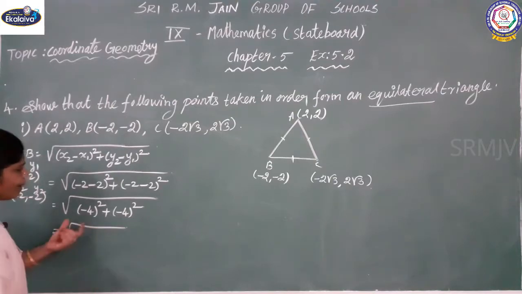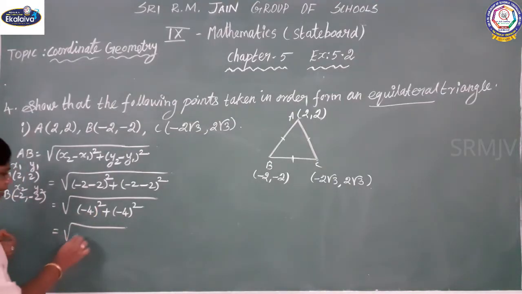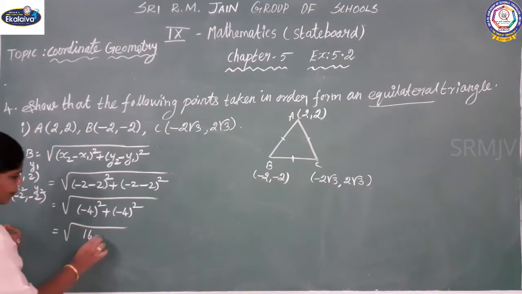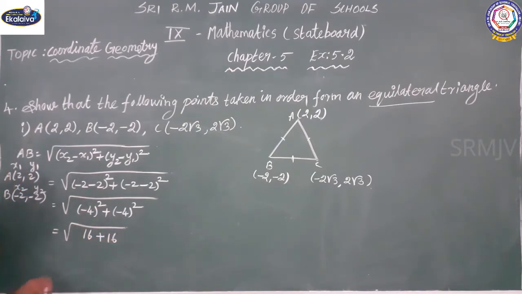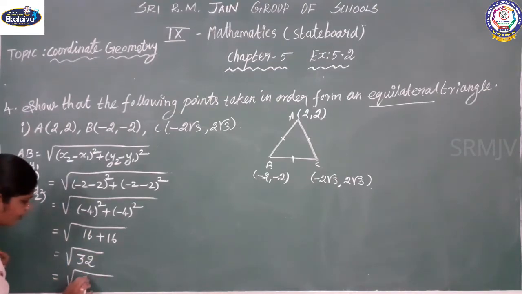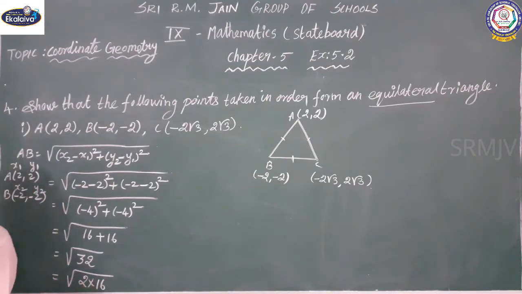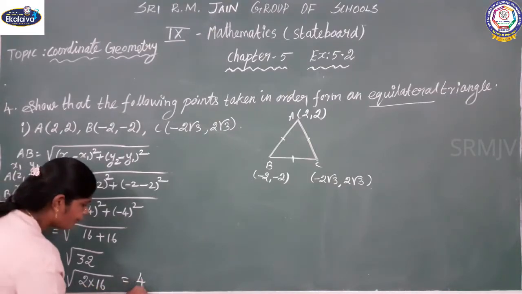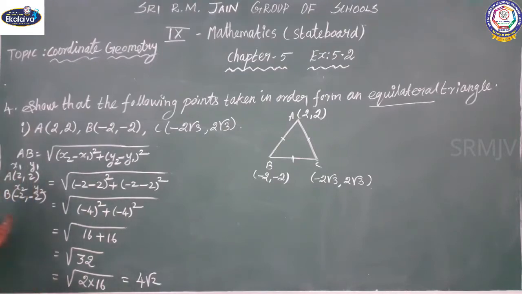Minus 4 the whole square, what will you get? 16 plus 16, you will get 32. How can you write this 32? 2 into 16. The square root of 16 is 4. So 4 root 2. So the distance of AB is 4 root 2. Is it clear children?